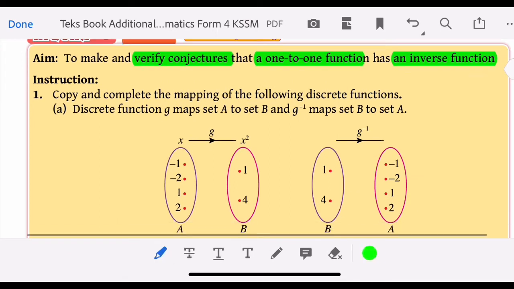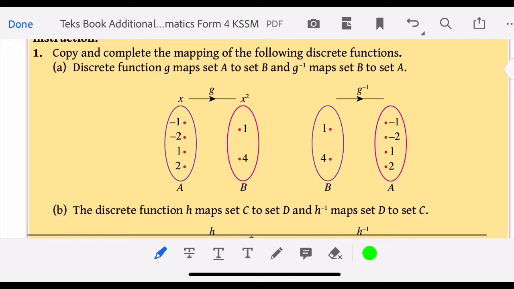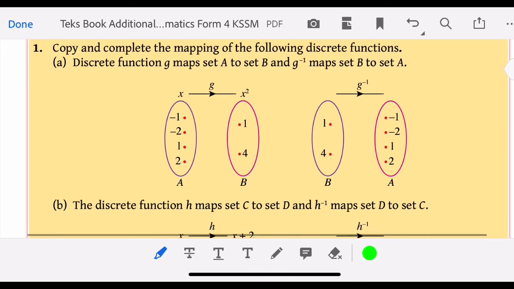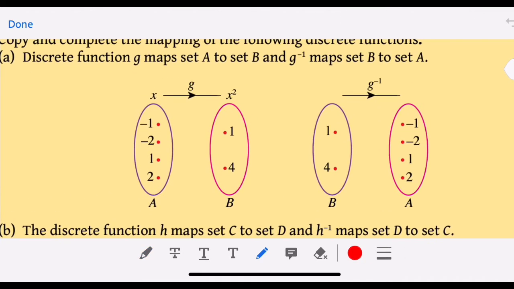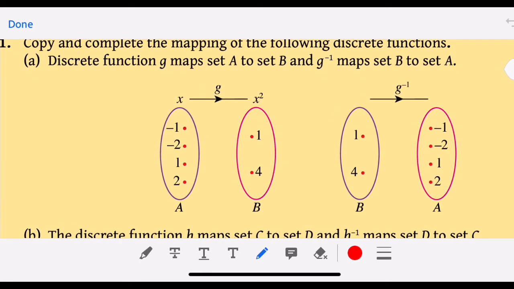Now you have to copy and complete the mapping of the following discrete function g. Let's do it together. You have to copy this down in your exercise book. Because x goes to x squared, negative 1 will go to 1, negative 2 squared will go to 4, 1 squared will go to 1, 2 squared will go to 4.